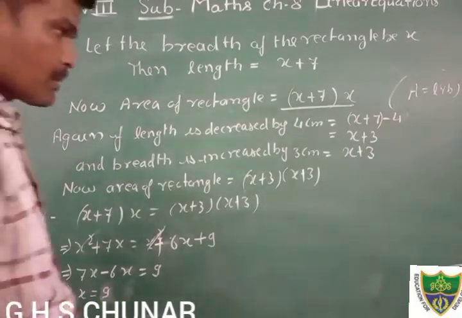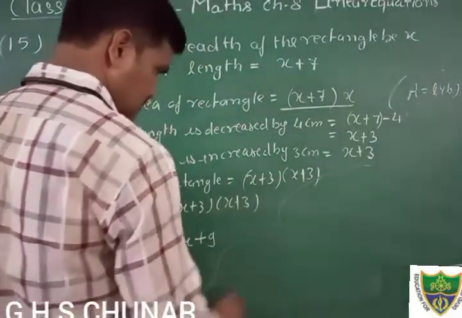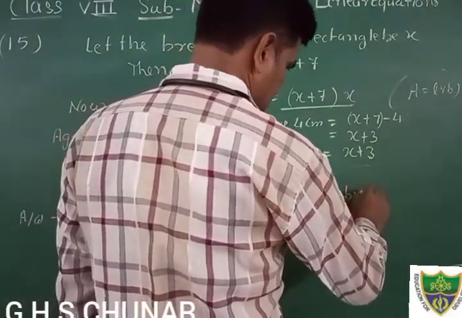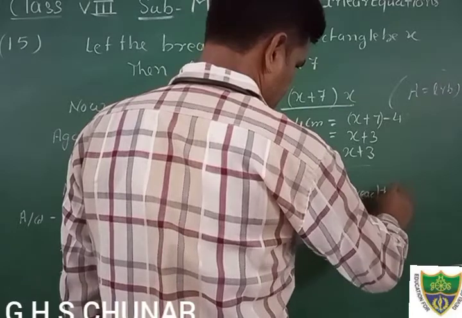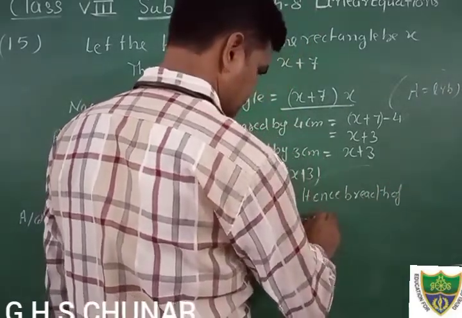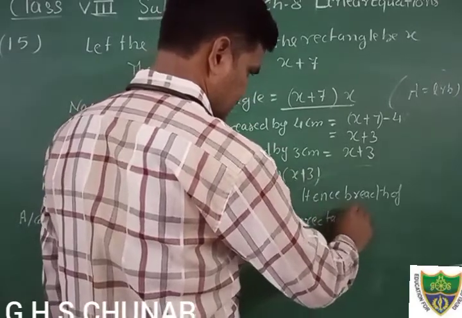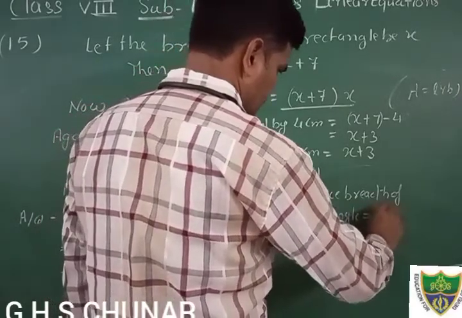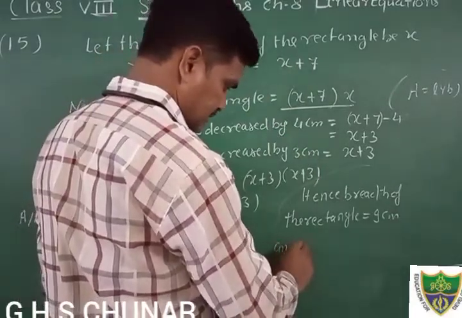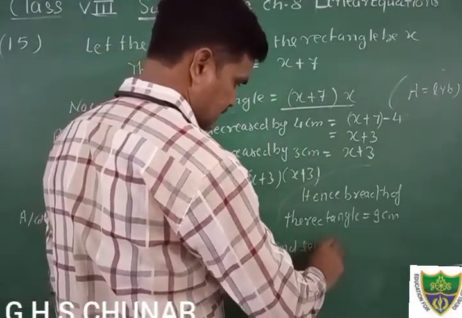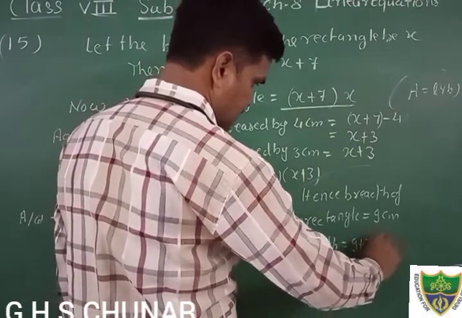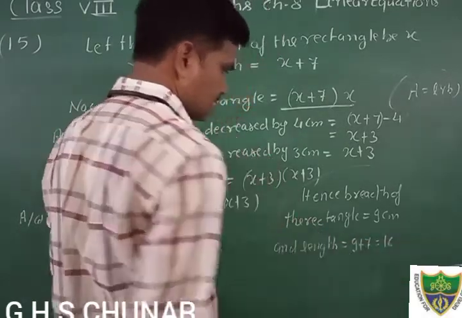Hence the breadth of the rectangle is 9 centimeter and the length is 9 plus 7, that is 16 centimeter.